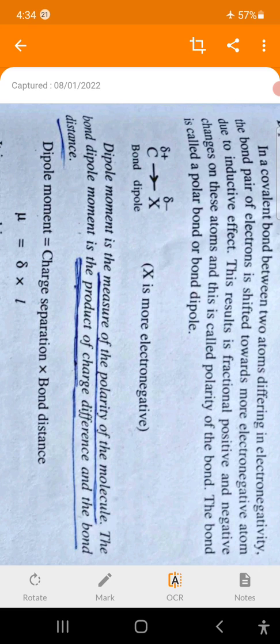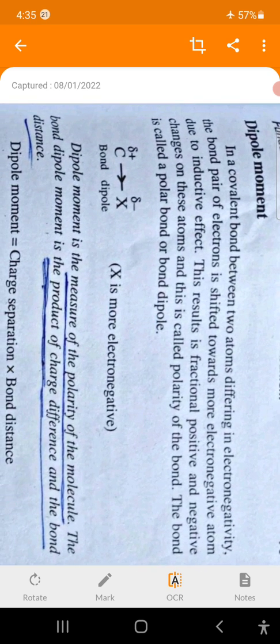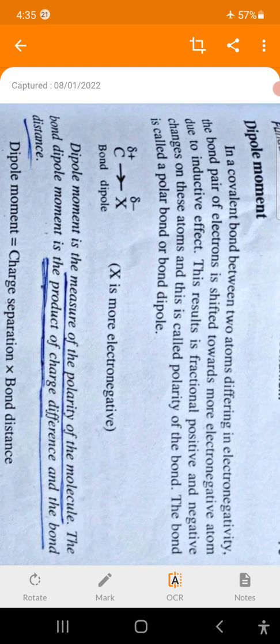Such positive and negative charge pole formation is possible in AB type molecules, and this is nothing but bond polarity and molecular polarity. Those types of molecules are polar molecules. For example, HCl.